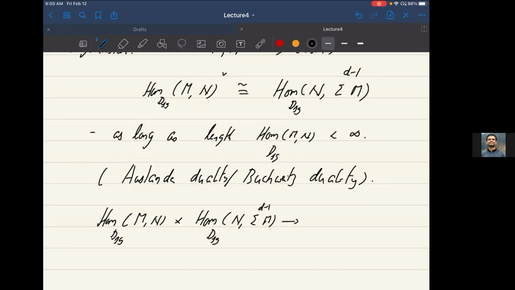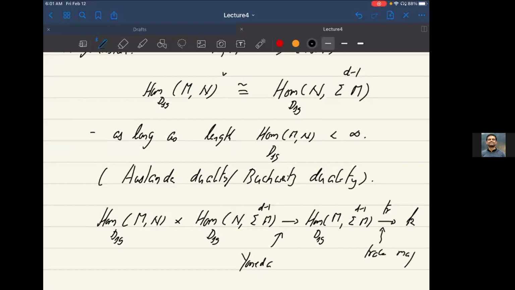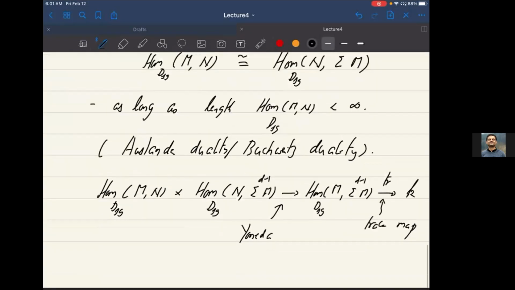We have this map just by Yoneda composition. And then in some cases, there is a trace map which takes you to a field. So this is a trace map.